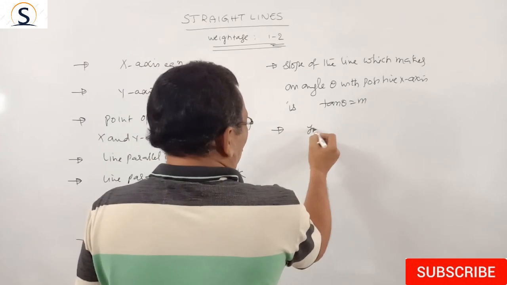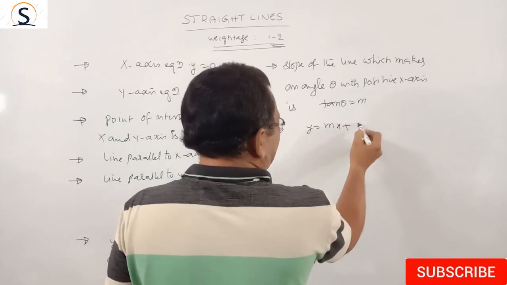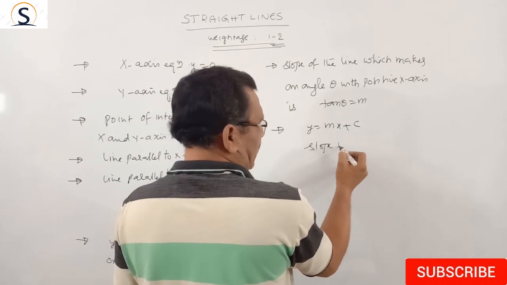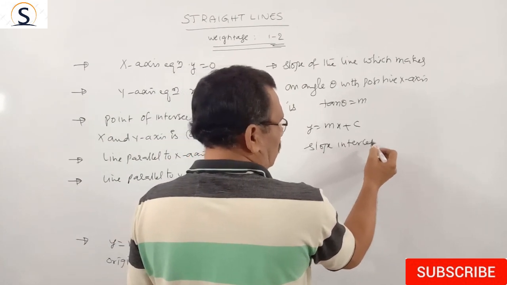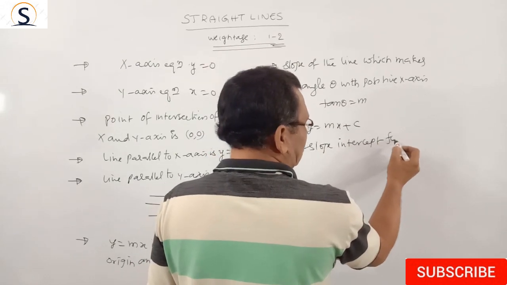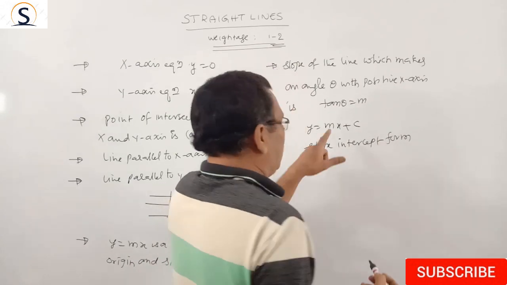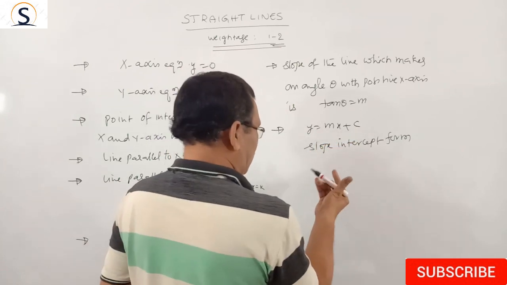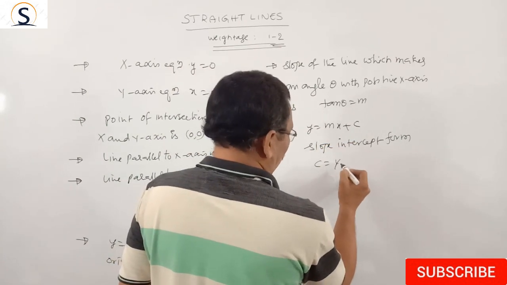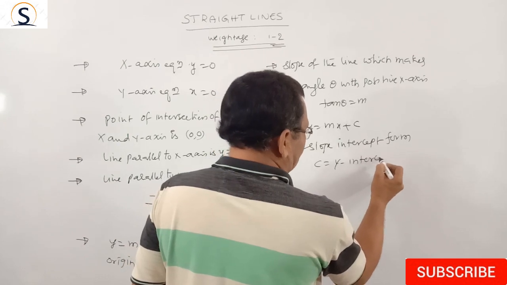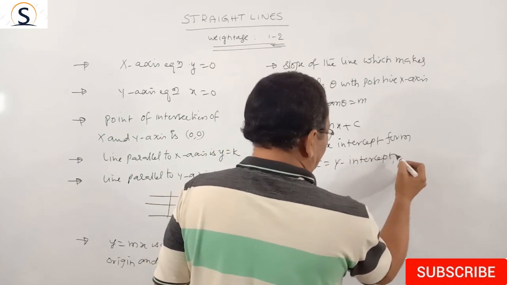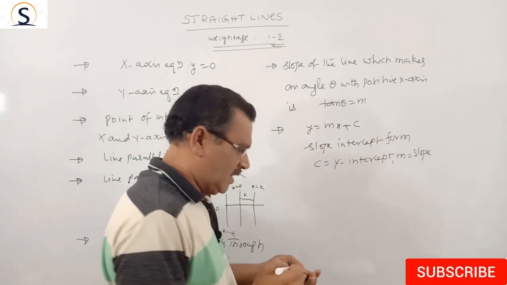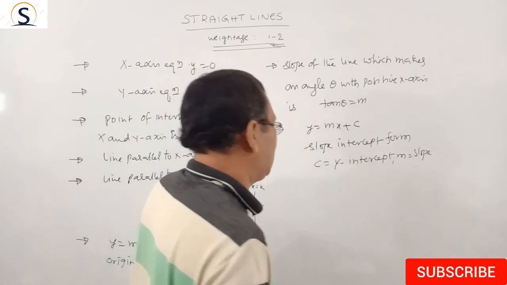Next, y is equal to mx plus c. This is called the slope intercept form. Here m is the slope and c is the y-intercept. So slope intercept form means simply y is equal to mx plus c.